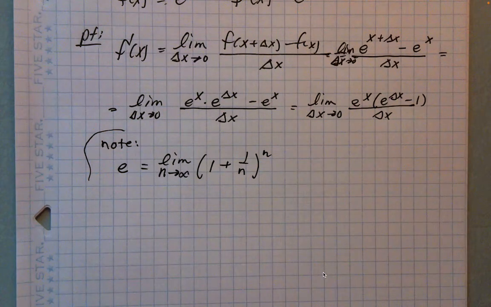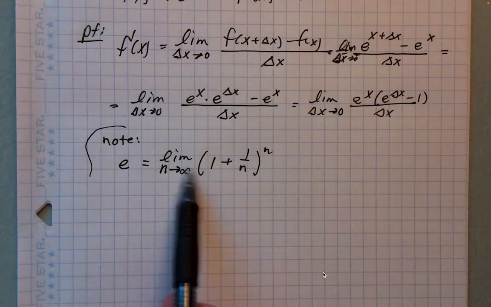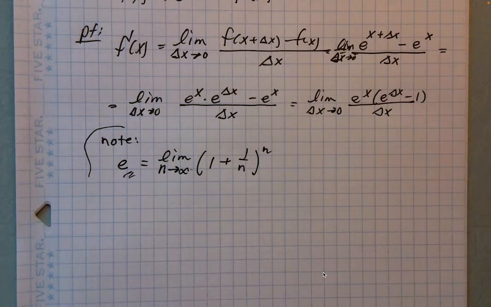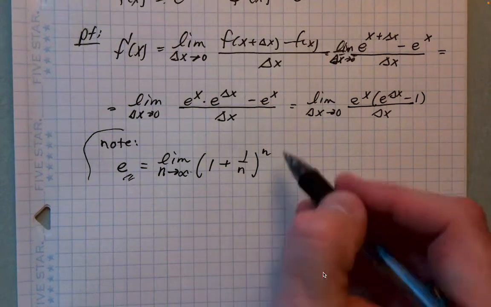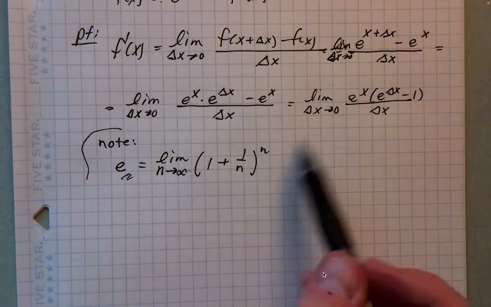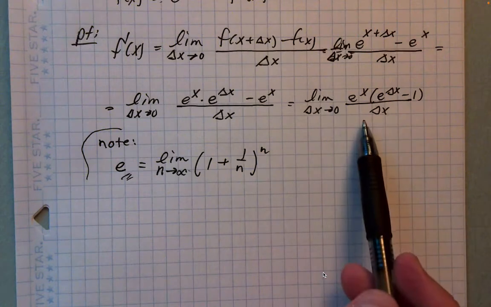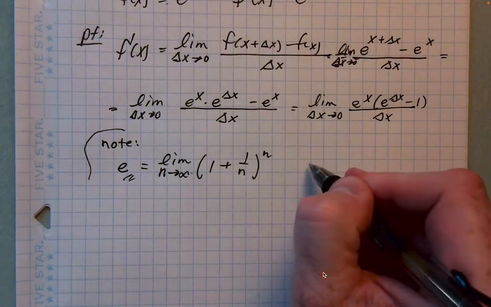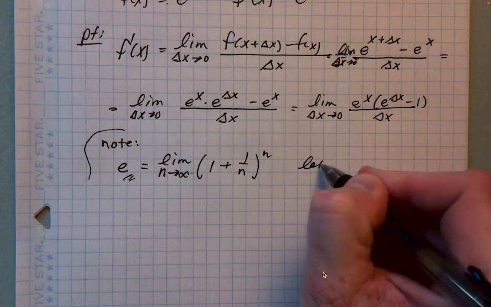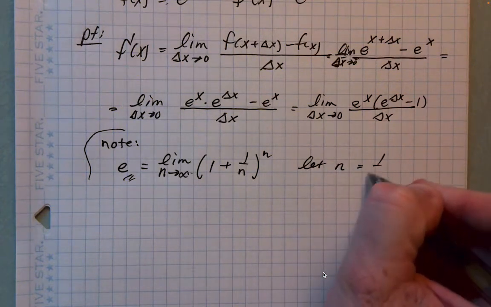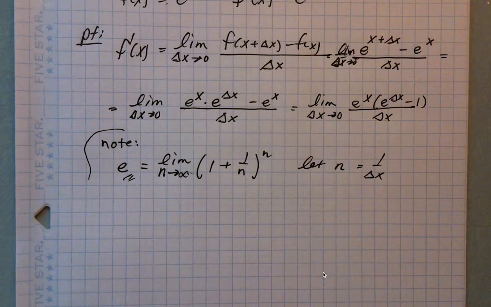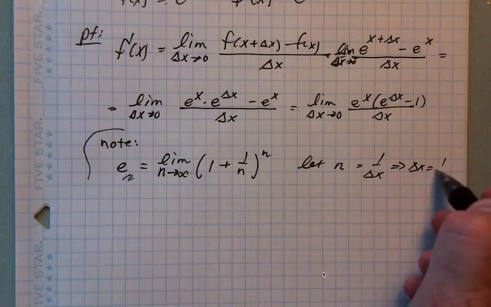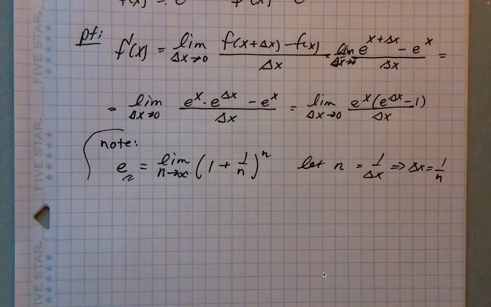This is the limiting process from which e is derived. Now we're going to use this inside of this expression up here. One of the things you can do is let n equal 1 over delta x, and of course that implies that delta x is 1 over n. So those two things are true.